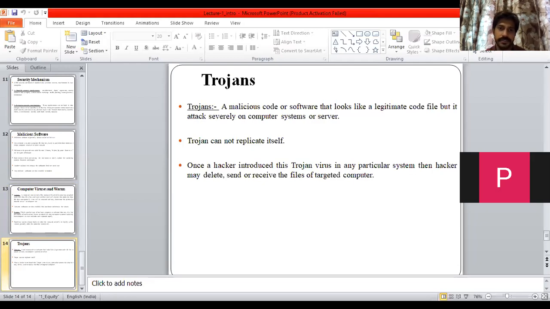This is one difference between a worm and a Trojan. But once a hacker introduces this Trojan in any particular system, the hacker may delete, send or receive files of the targeted computer. So it is a very dangerous thing compared to a simple virus or worm.